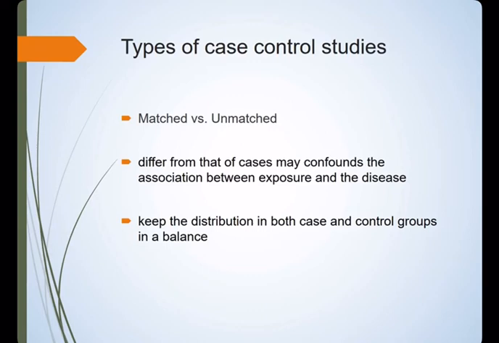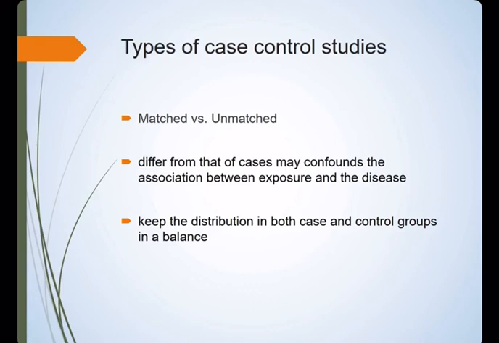Here, matching is defined as the process of making a study group and a comparison group comparable with respect to certain characteristics, such as sex, age, race, and socioeconomic status. For example, when one case is a 55-year-old man, we might choose another 55-year-old man as a control among the eligible persons who meet the criteria of the controls.